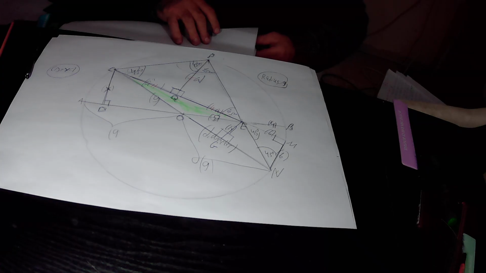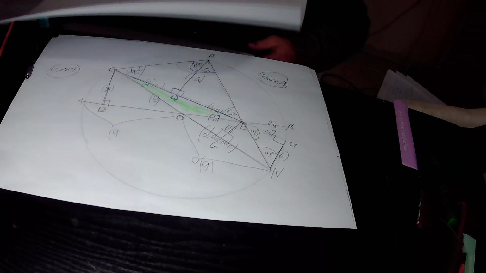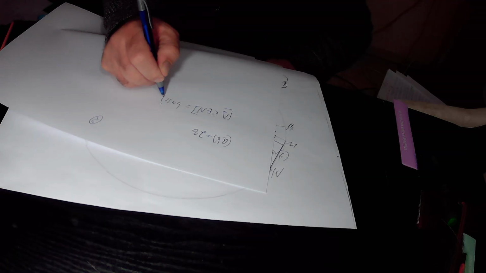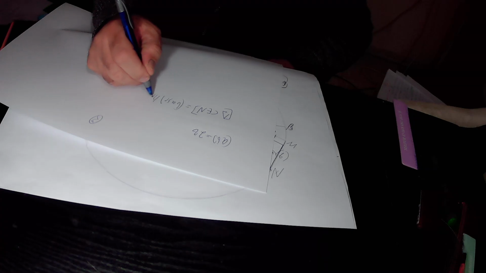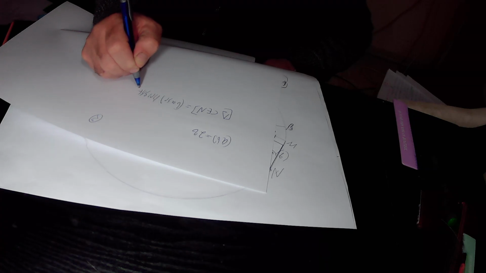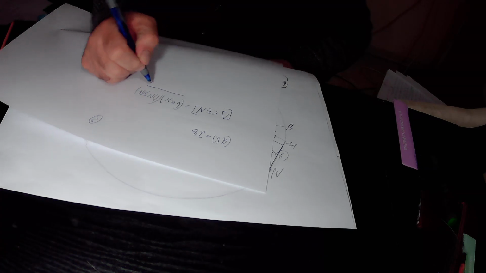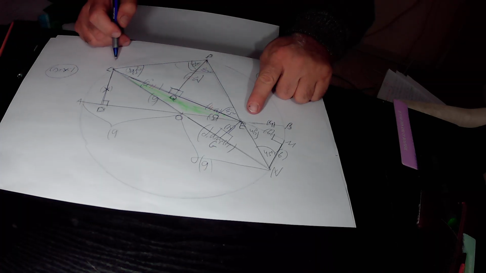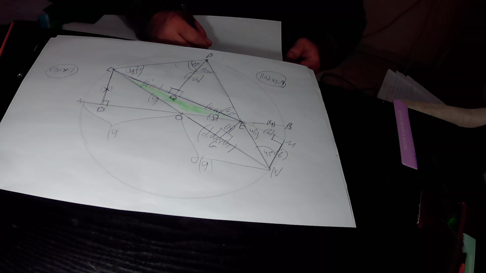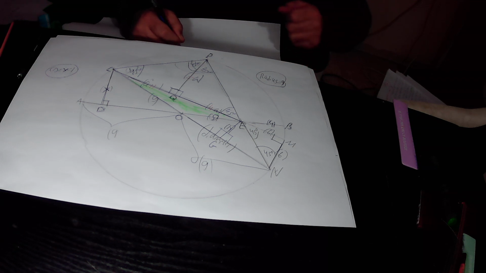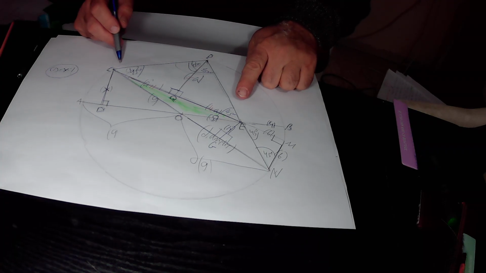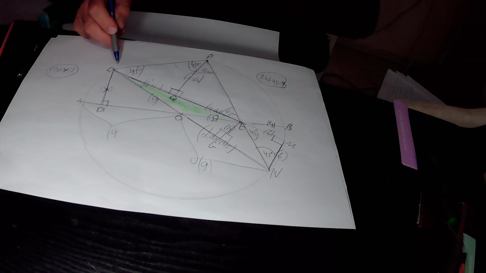And again, the area of triangle CEN equals the base of the triangle times the height over 2. We choose the base of this big triangle CEN as CE, times the height.